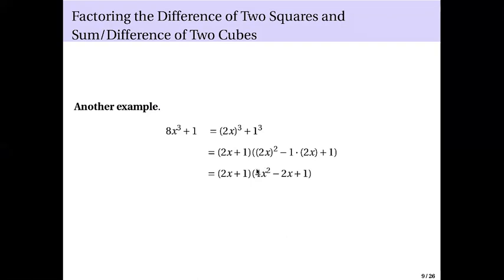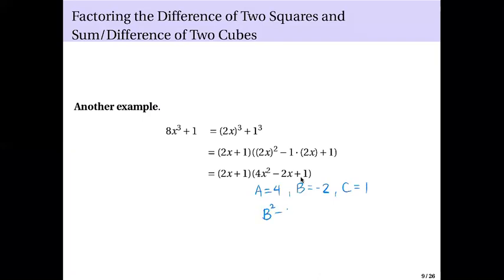Now, looking at this, is this a prime polynomial? Let's check. Your A here is equal to 4, your B here is equal to -2, and your C here is equal to +1.